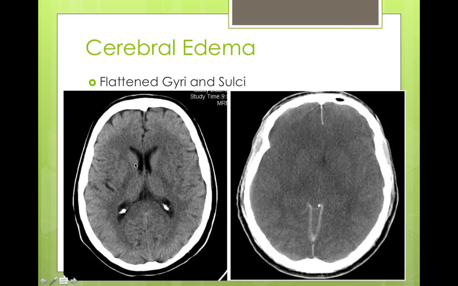Sulci are the invaginations or infoldings in the brain tissue, and there are gyruses or like gyri, one gyrus, several gyri. Okay, so this is a gyrus. So between two sulci there's a gyrus. Between two gyri there's one sulcus, and so on. It's like a mountain and the fall, and mountain and the fall, and mountain and fall, and so on.